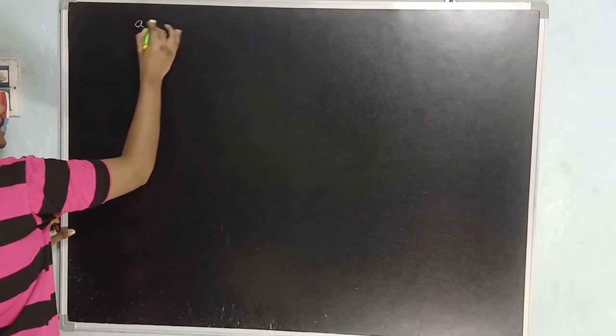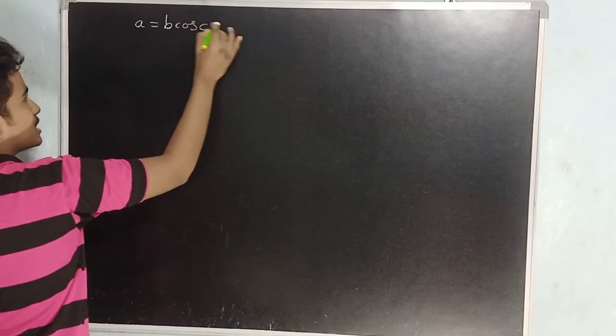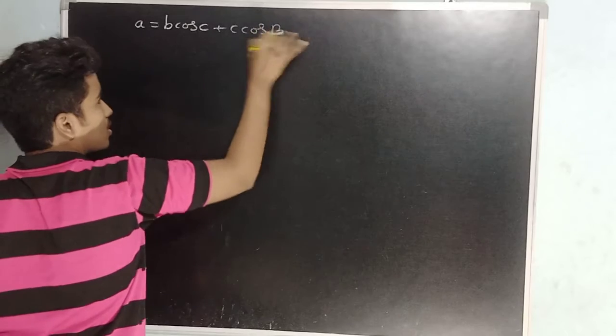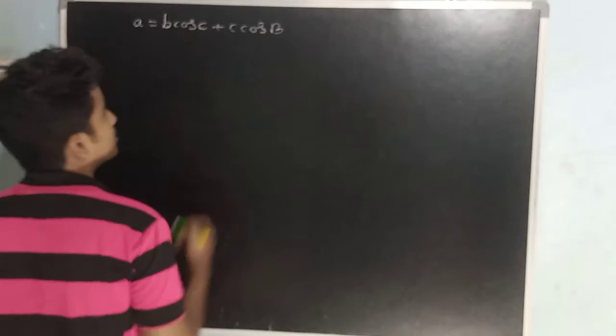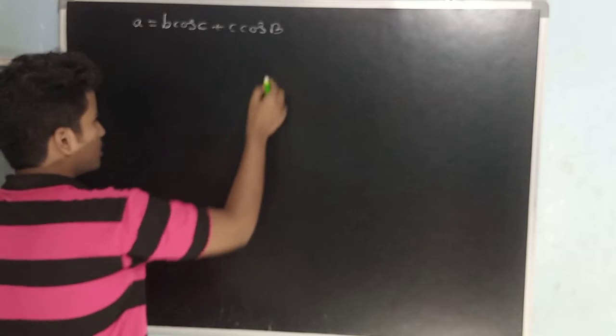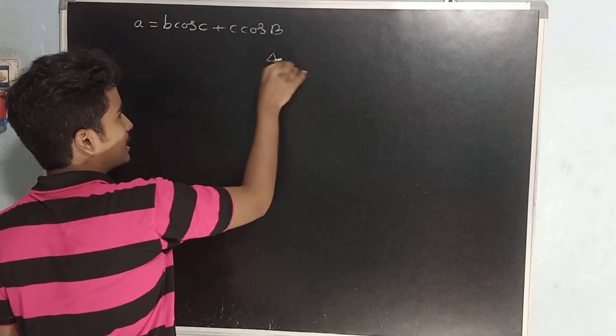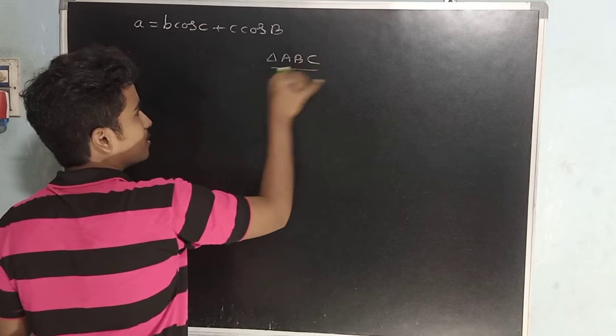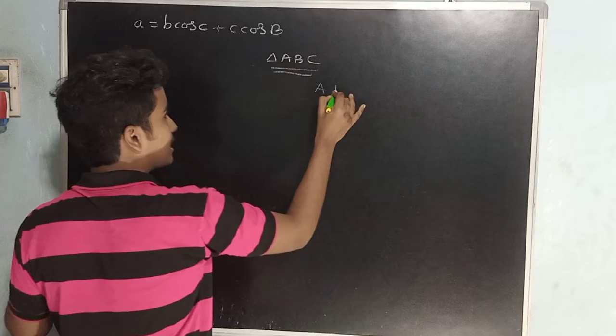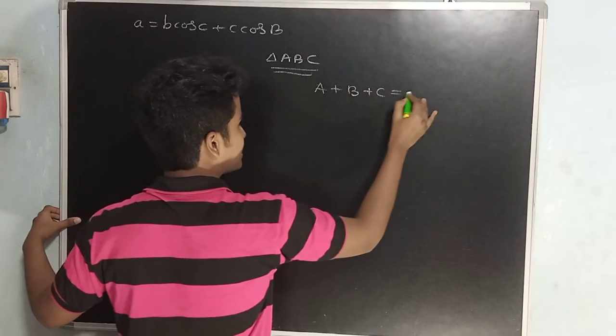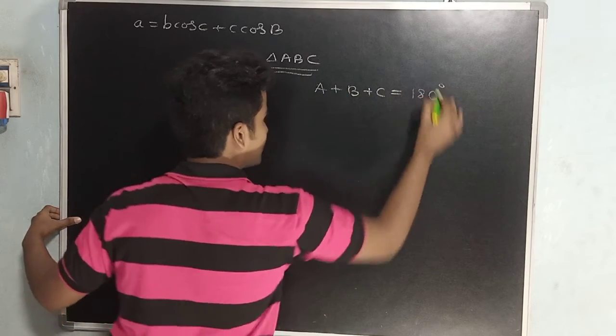So first principle, a is equal to b cos C plus c cos B. Okay, this is our first principle. What I am going to do, in triangle ABC, we know that angle A plus angle B plus angle C is equal to 180 degrees.